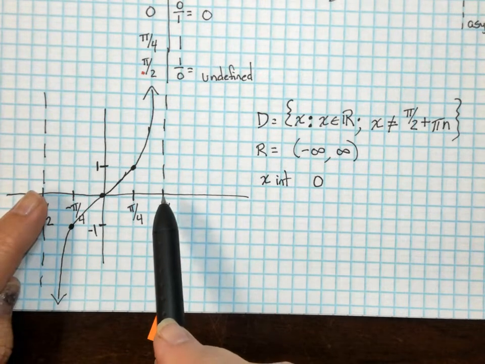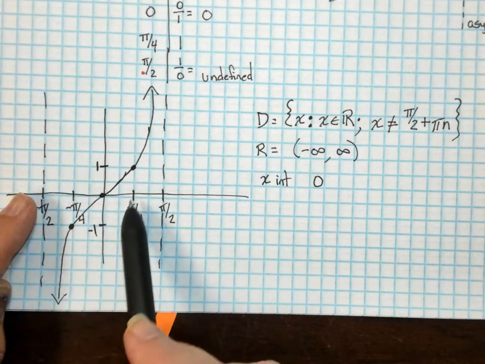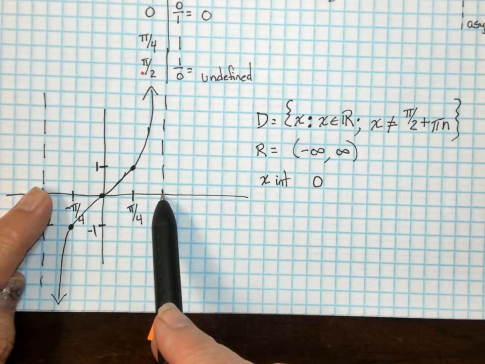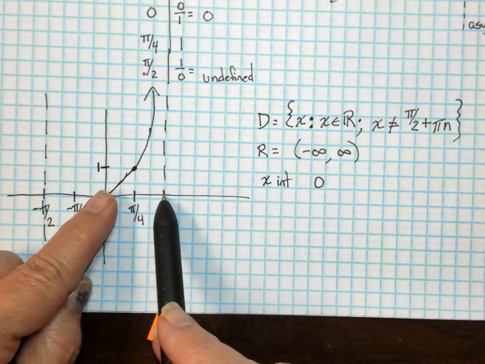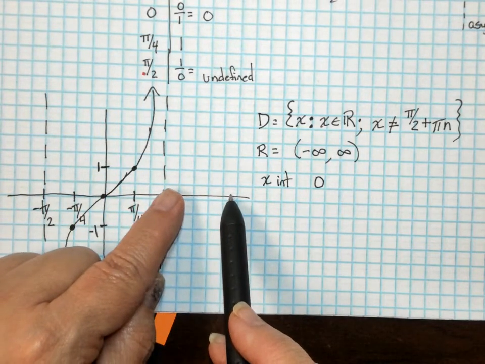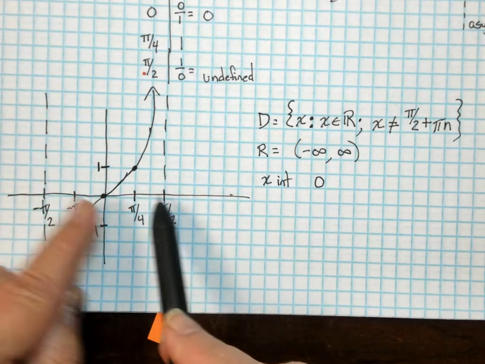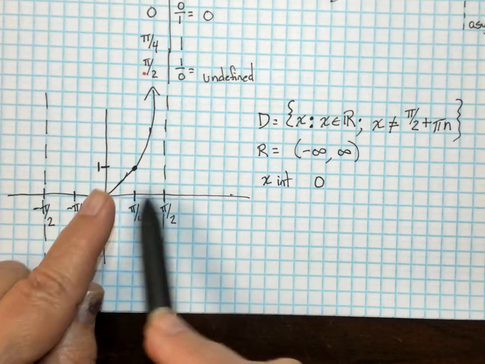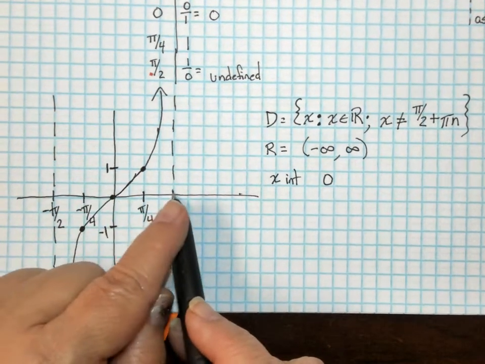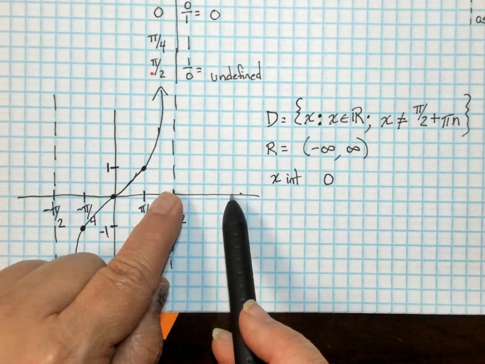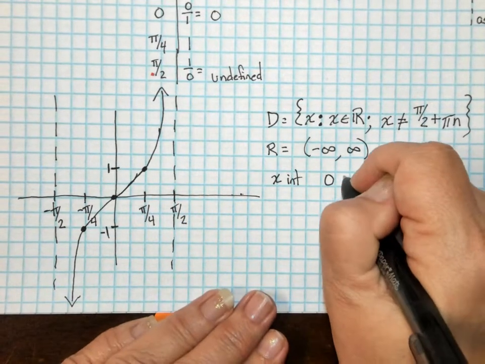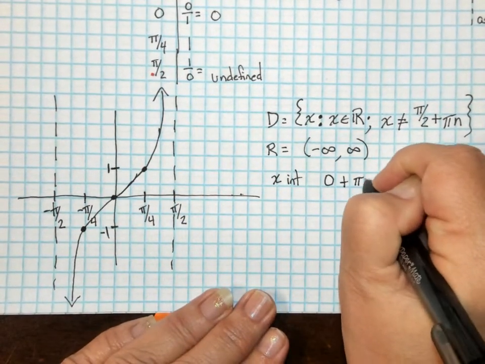But let's look, right? From negative pi over 2 to pi over 2, we said that was pi, right? So if we go over, it's just going to shift. It's going to need to go this much plus that much again, right? So plus pi n.